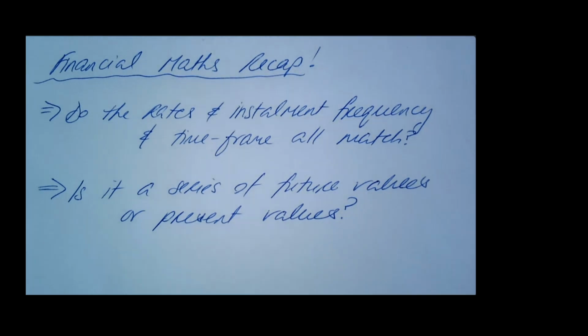Present values is to do with being able to have an amount that you're then going to repay or draw money down from over a time frame that's beyond when you're getting the principal amount. So be clear about whether it's a series of future values or present values. And if you're unsure, do both. You don't get penalized for choice in the paper. So if you're a little bit unsure and you have time, do it both ways.